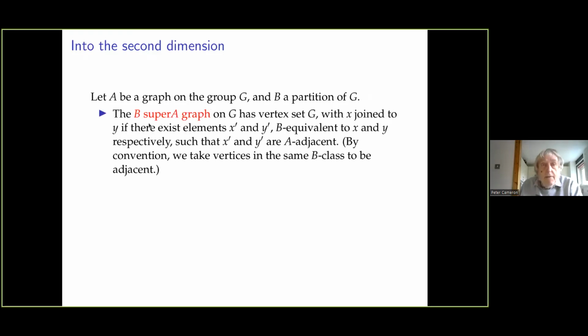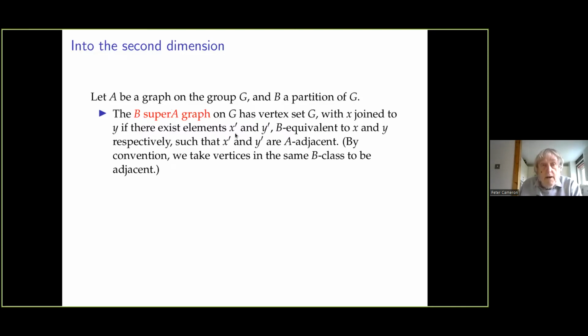So the B super A graph on G has vertex set G. X is joined to Y if there exist elements X' and Y' so that X' is B-equivalent to X, Y' is B-equivalent to Y, and X' and Y' are joined in the A graph. So, for example, for what we would now call the order superpower graph, you join X and Y if there are elements X' and Y' with the same orders as X and Y which are joined in the power graph. That's exactly Lavanya's definition of the superpower graph earlier on.